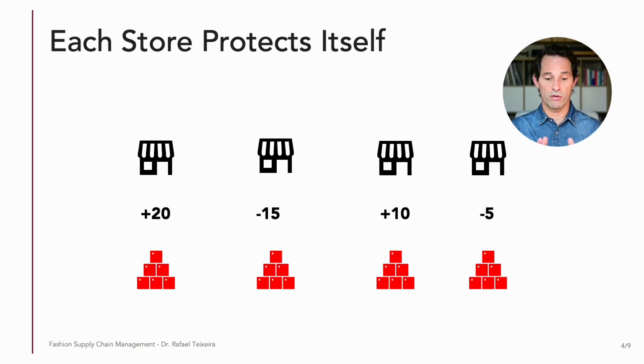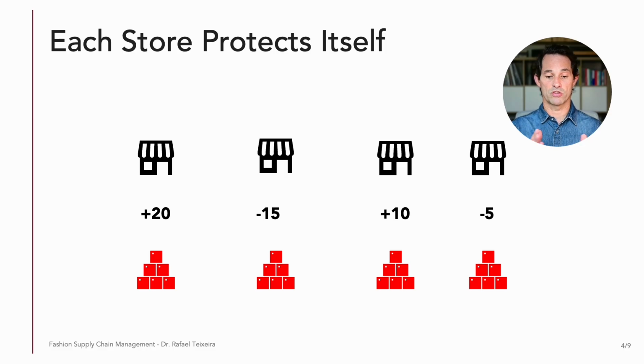For example, here we have 4 safety stocks, 1 for each store. And they exist to help the first store be able to sell the 20 units they're selling above average demand. If they don't have that amount of safety stock, maybe they would lose sales. They would lose sales by not having the safety stock.